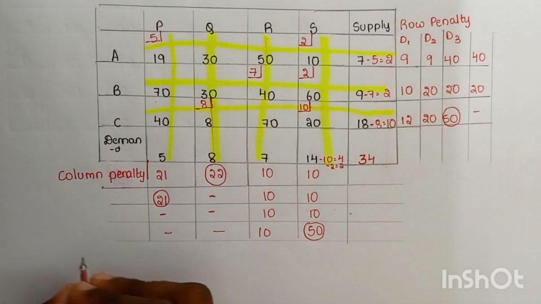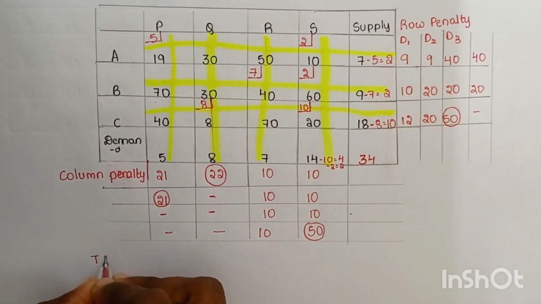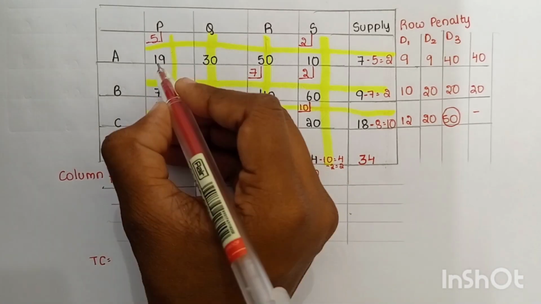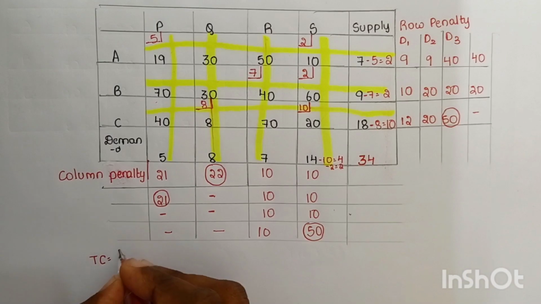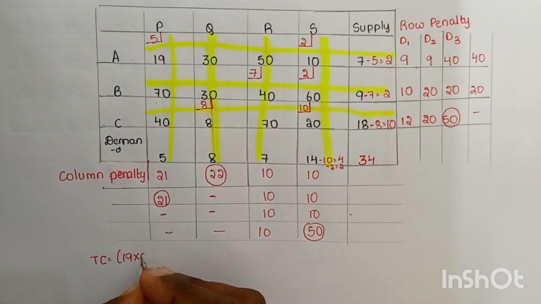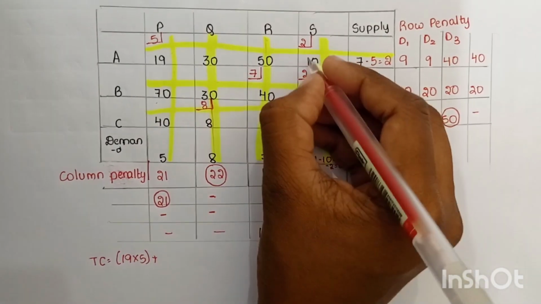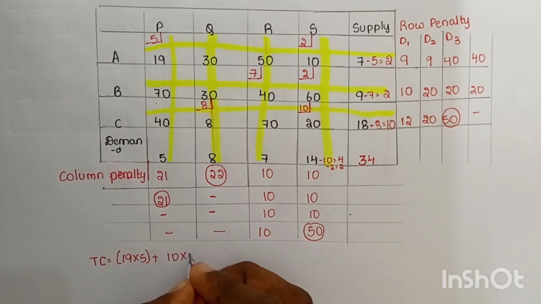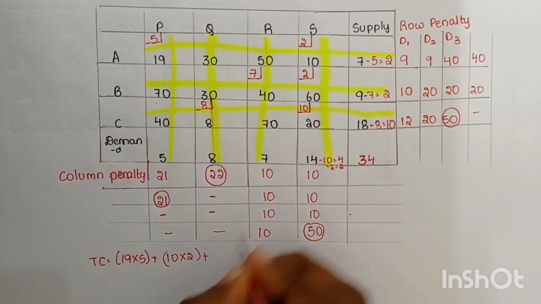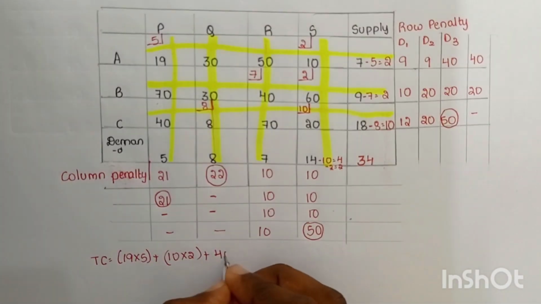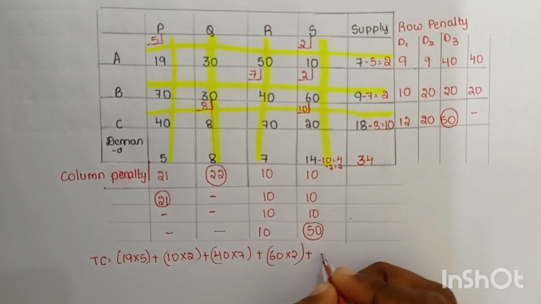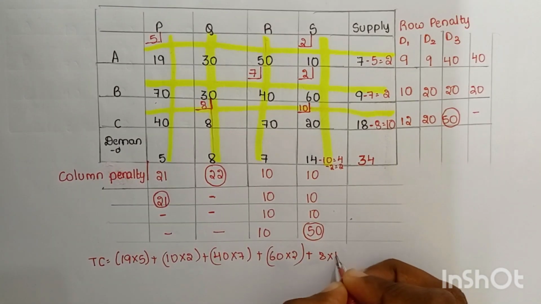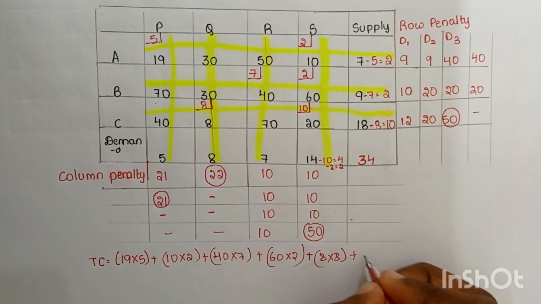Next step is to identify the transportation cost. So TC is equal to, we have to multiply the units with the amount. So 19 into 5 plus 10 into 2 plus 40 into 7 plus 60 into 2 plus 8 into 8 plus 20 into 10.